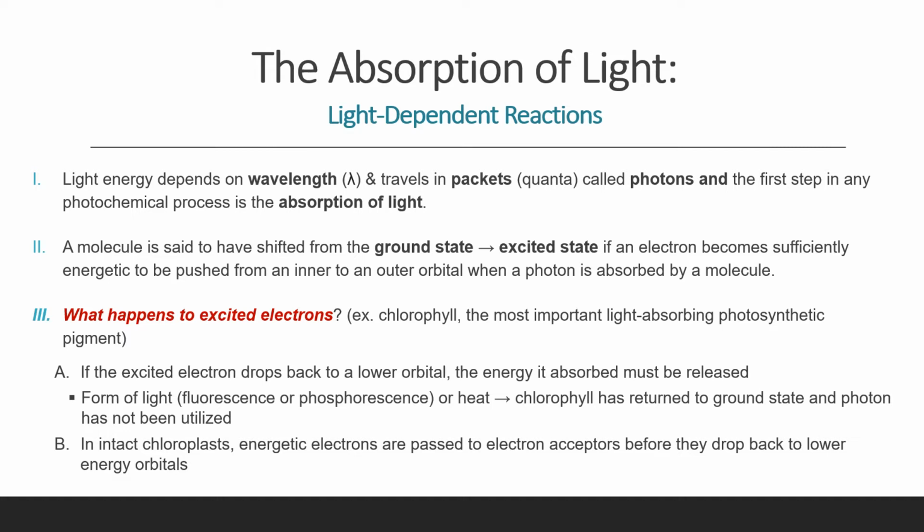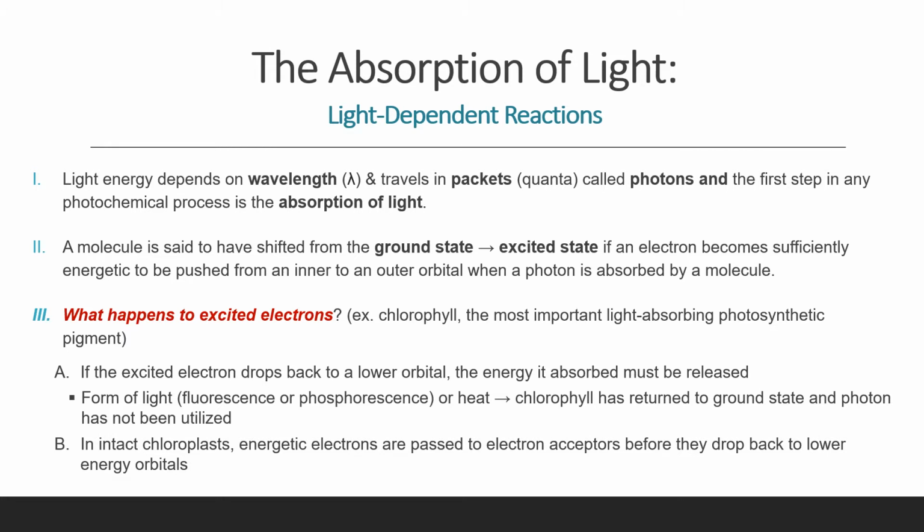So let's tackle first how the light dependent reaction happens. When you say light dependent reactions, these are reactions wherein there's the absorption of light. Light energy depends on the wavelength, usually depicted with the lambda sign, and light travels in packets called quanta, or photons.